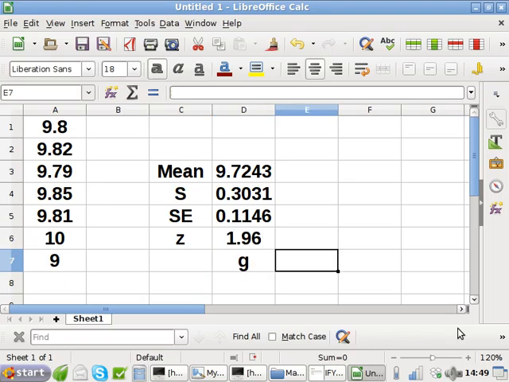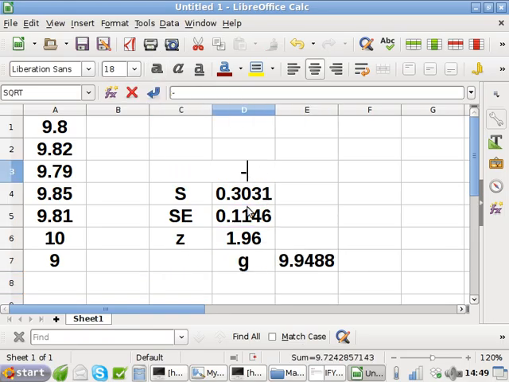So just to finish, can you calculate the confidence interval for the g here? g would be less than this plus z times standard error, and g should be bigger than this minus z times standard error.